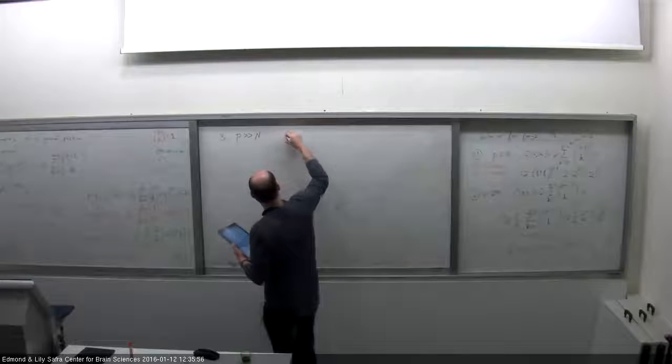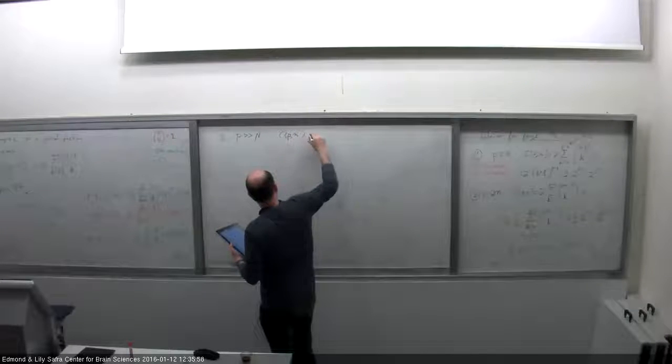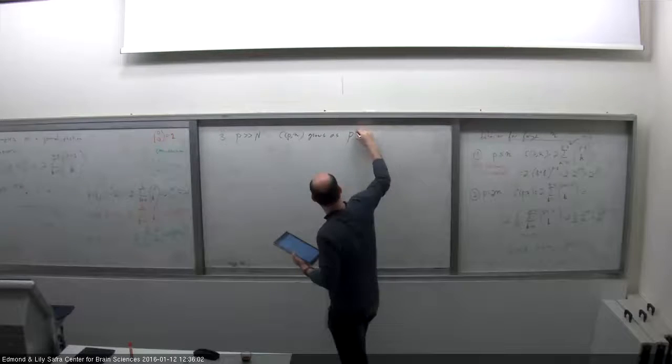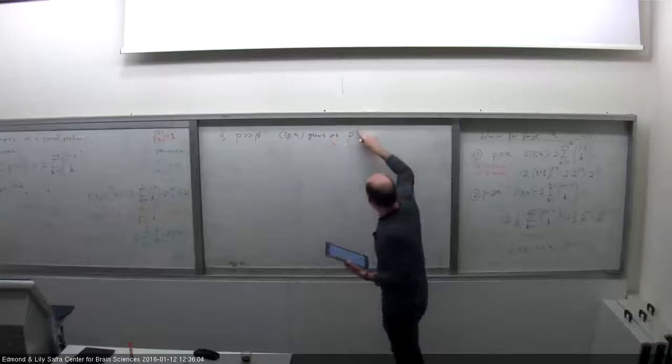So, therefore, C of p and n grows at most as p to the n. Okay? Small n.